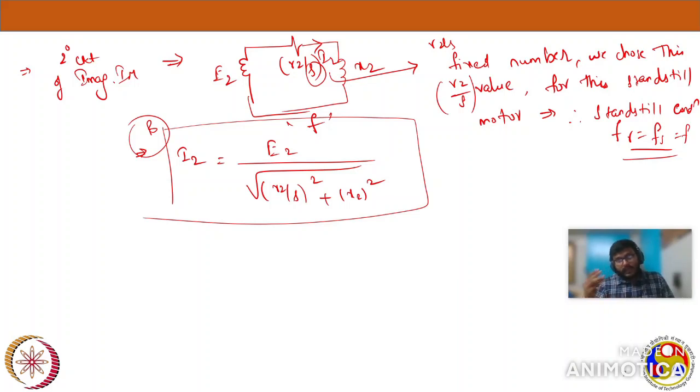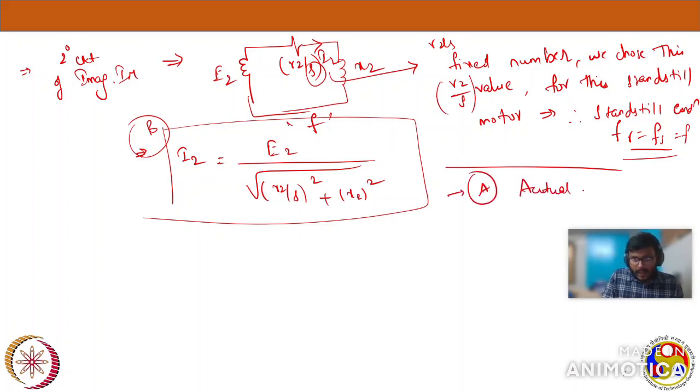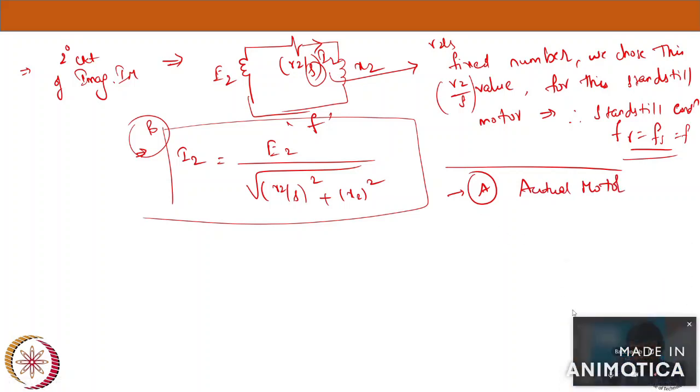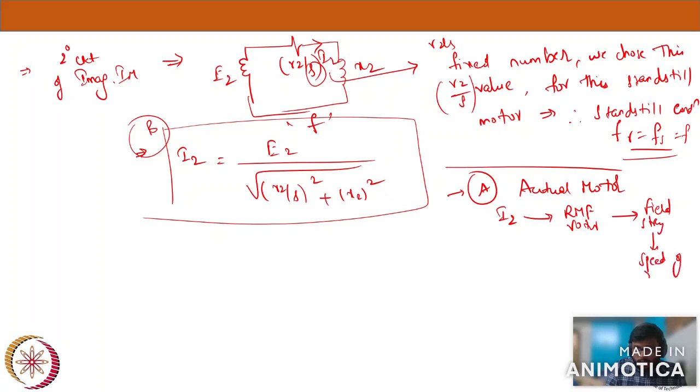So the rotor field speed in case B, the imaginary motor, and in case A, the actual motor, is a very interesting concept, and a very simple one. I2 is responsible for the rotor RMF being produced, and the same field strength and speed of the rotor field is Ns.